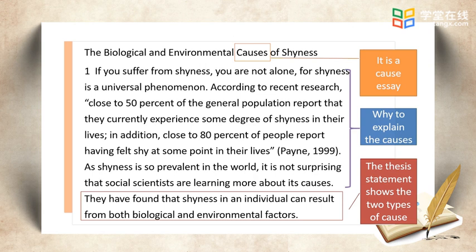Now, let's move on to question 4, the number of causes explained. We have already learned there are 2 types of cause from the title and thesis statement. But how many causes are there in the body? We need to read the body paragraphs one after another.